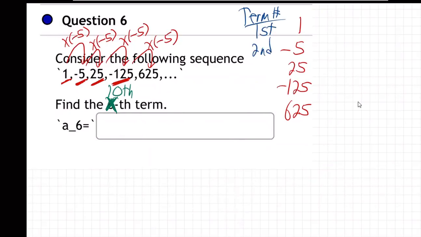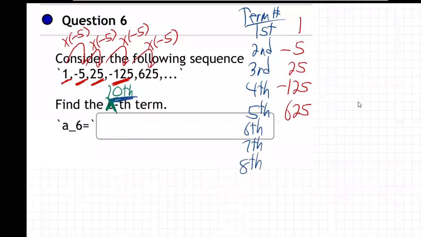First term, second term, third term, fourth term, fifth term. We're supposed to go all the way to the 10th term. So 6, 7, 8, 9, 10.